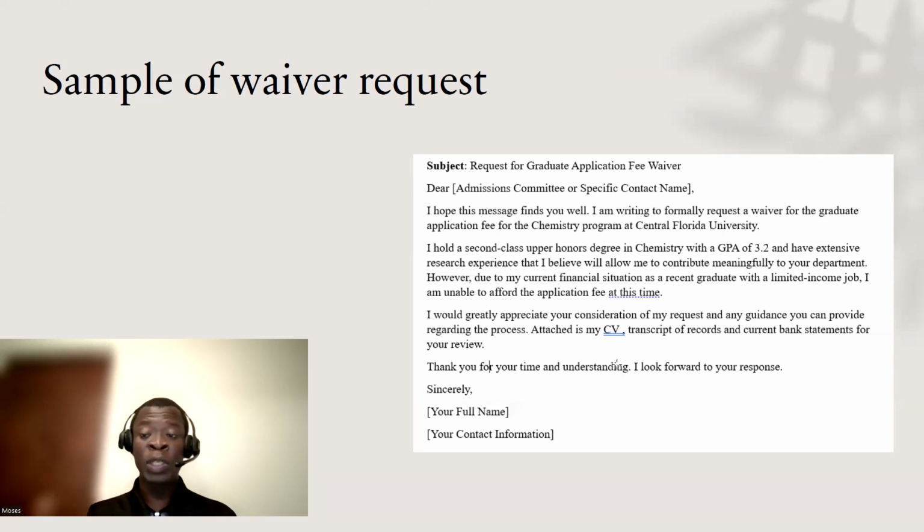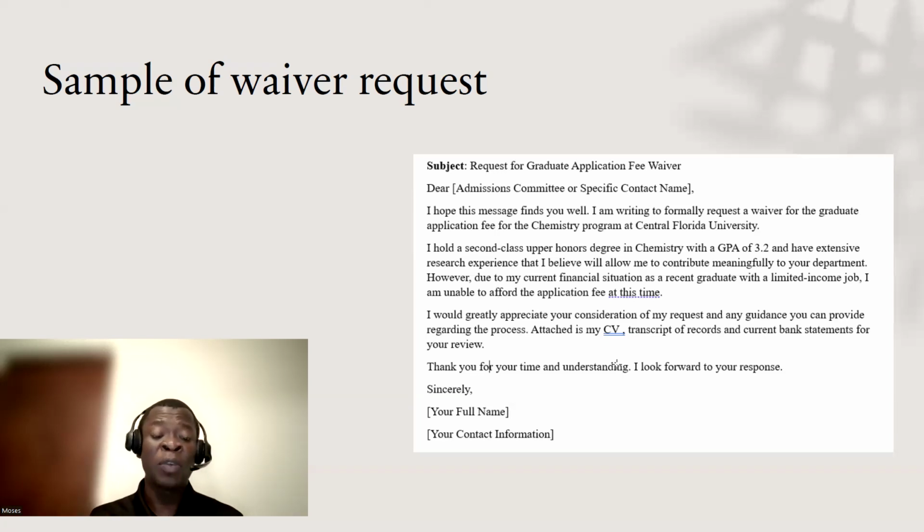First of all, you're just telling them that you want to request this, and then you're telling them what you can bring, a little bit about yourself. So you are this, you have research experience, you have work experience, you have a number of years of this, and then you cannot apply. Sometimes you need to tell them, I'm receiving this amount of money, and if I convert it to dollars, it's like two months of my salary, and I'm not able to apply.